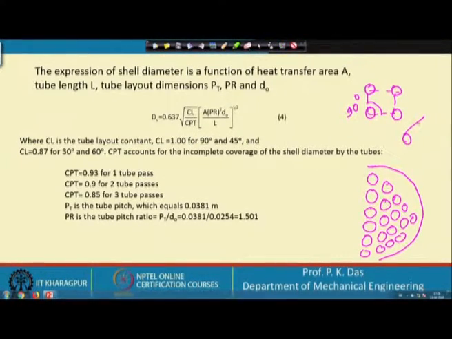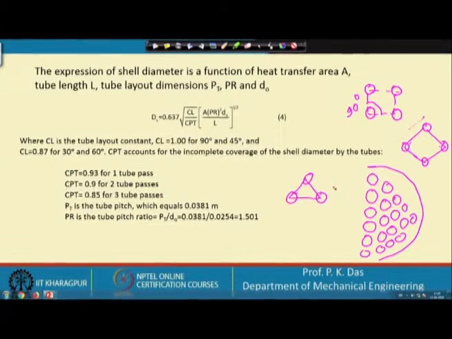if we rotate this, so we will get some sort of a 45 degree arrangement, and if they are staggered, then one can get this 30 degree or 60 degree depending on how the tubes are rotated.